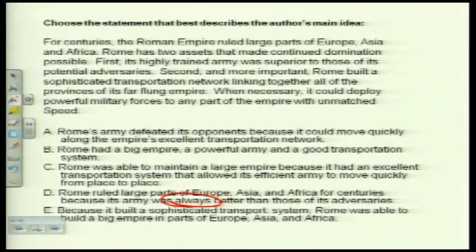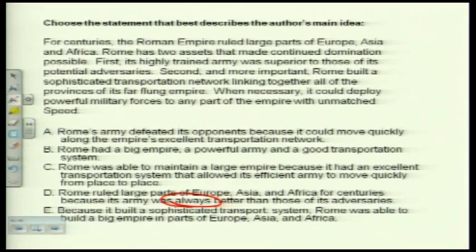I didn't hear anyone say E. Because there's nothing cause and effect about building the transport system and being able to build a big empire. So we have B and C. Which one is better? I would say number C is better.